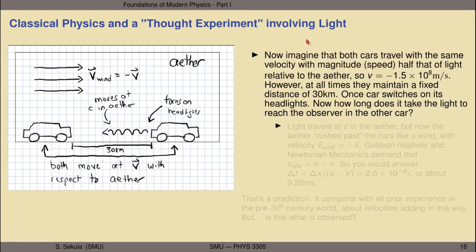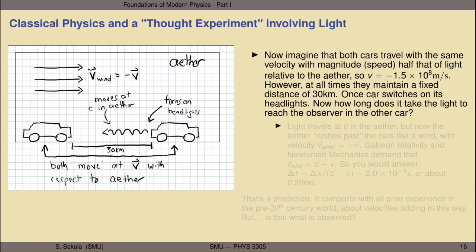Now let's imagine that both cars have been plopped into this ether volume, and they accelerate at the same time up to a constant velocity of half the speed of light. That's a speed of 1.5 times 10 to the 8th meters per second. And let's imagine that the cars are both moving together at the same velocity from right to left.